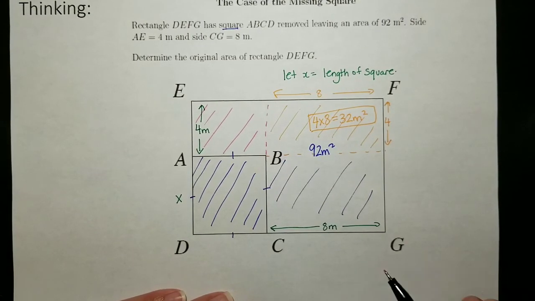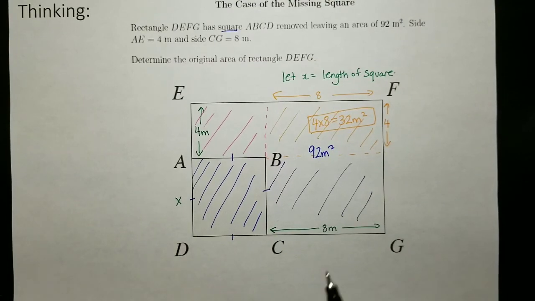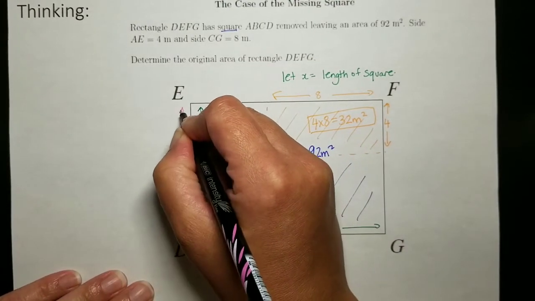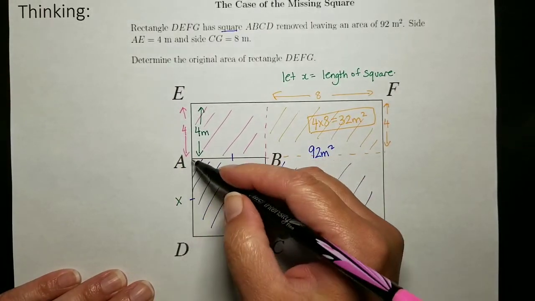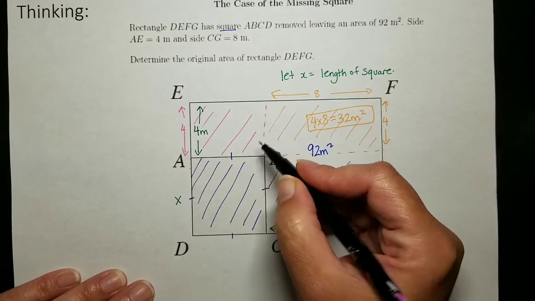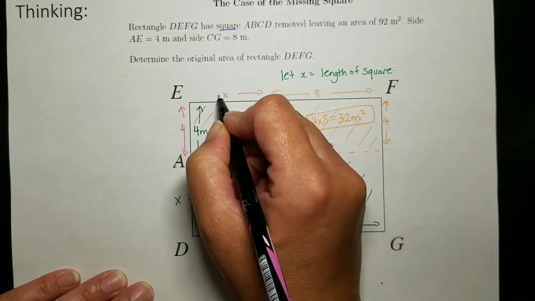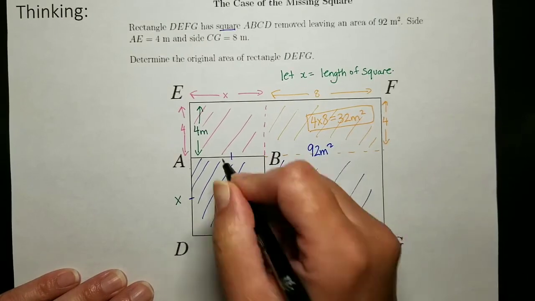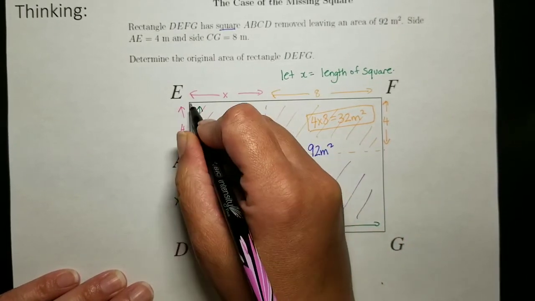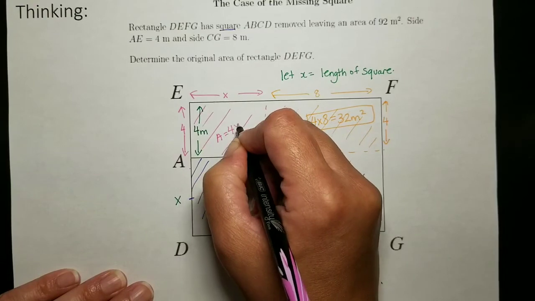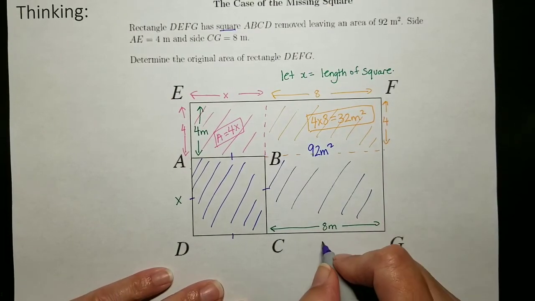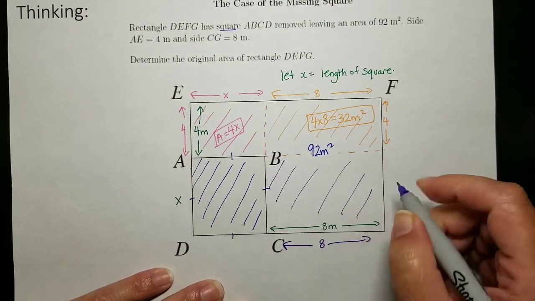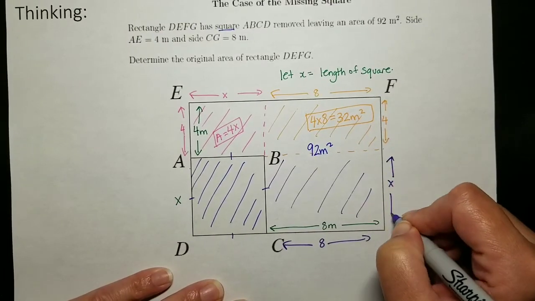Okay. So then if I look at my pink one, I have 4 here on the outside. And what would be across here for length and width? I know my square is x, so that's going to be an x. So here I'm going to say area is 4 times x, or just 4x. And then that's going to be real similar to this purple one, because I have an 8 this way and an x this way.